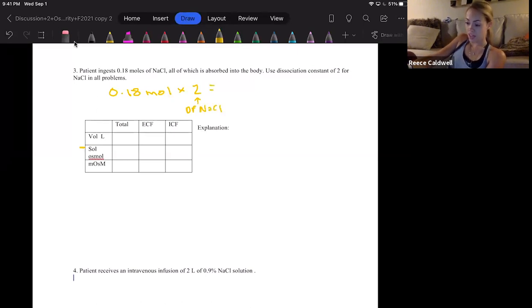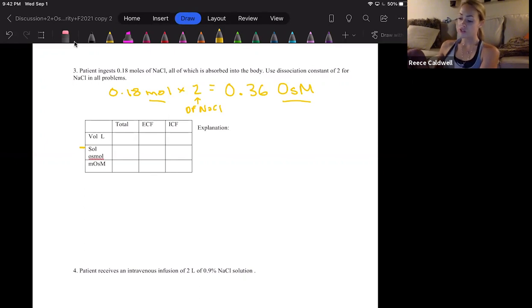So once we do that, what we're going to get is 0.36 osmoles. So we took our moles and converted it into osmoles. We converted molarity into osmolarity. So now that we have solved for our osmoles, we can add it to our solute concentrations.